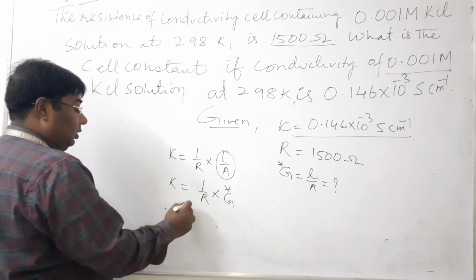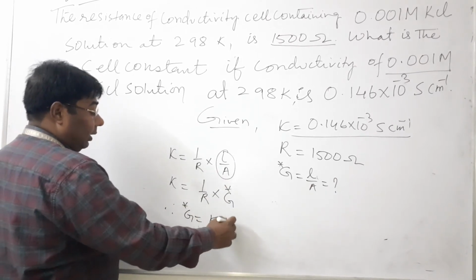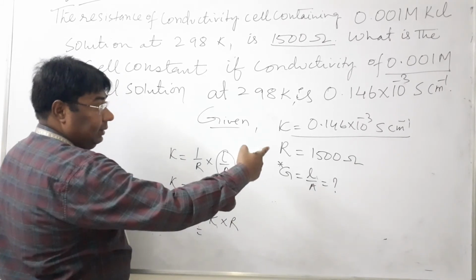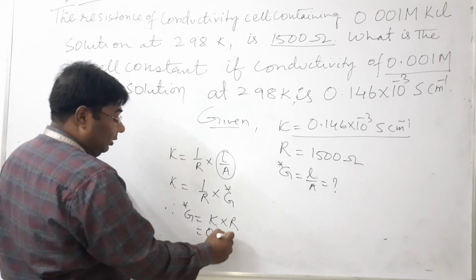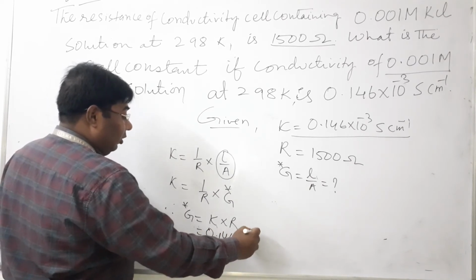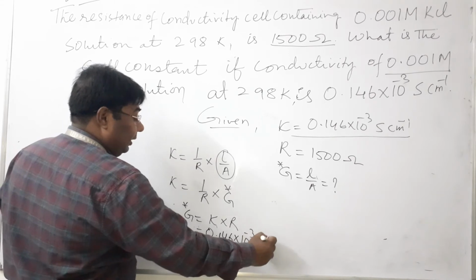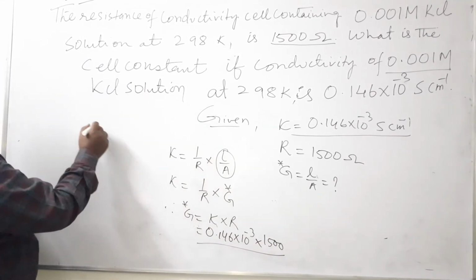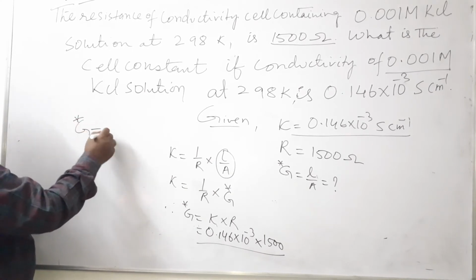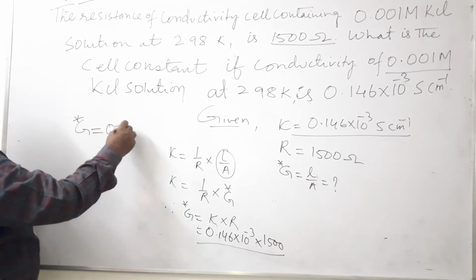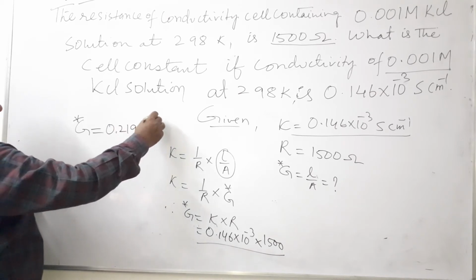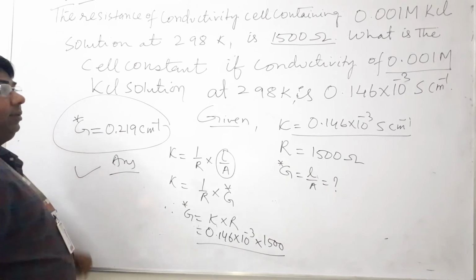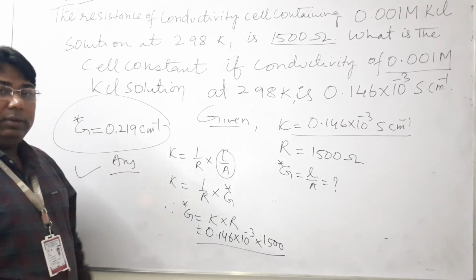Therefore, G star is equal to K into R. K is given as 0.146 into 10 to the power minus 3, into 1500. After calculating, the value of G star will be 0.219 centimeter inverse. This is the answer of this question. So all of you understand.